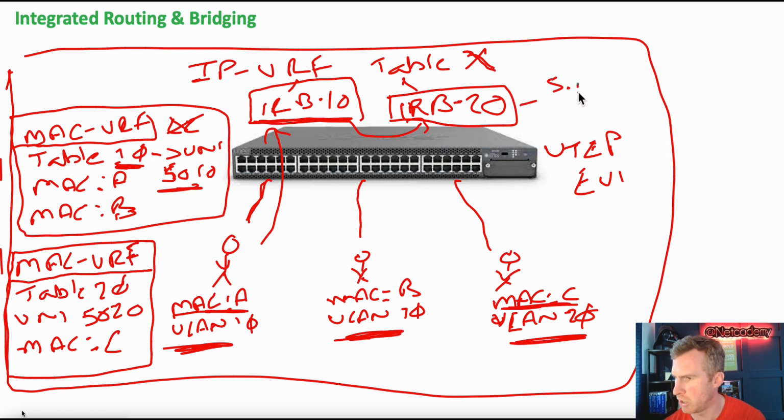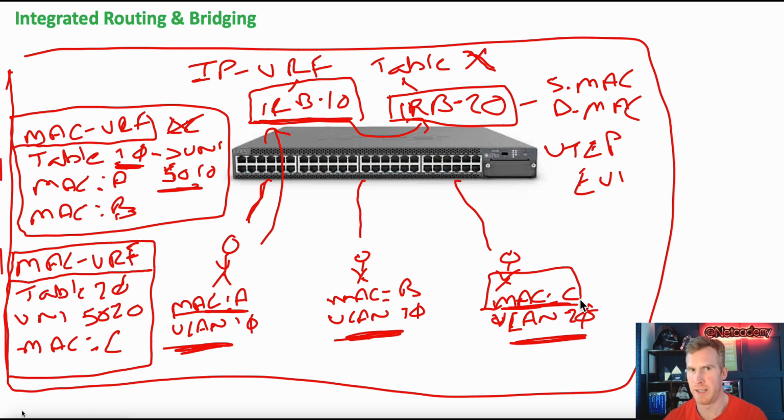So the source MAC address will be that of IRB.20, and the destination MAC address will be that of user C, MAC address C. So as you can see, this is quite a big topic, but all you need to know is that a MAC-VRF is basically a switching table.